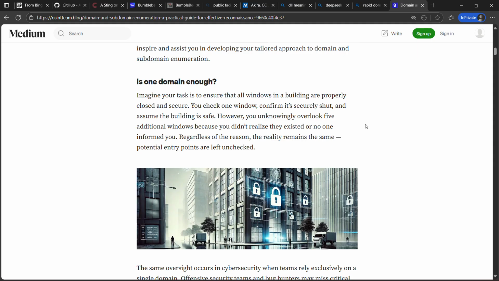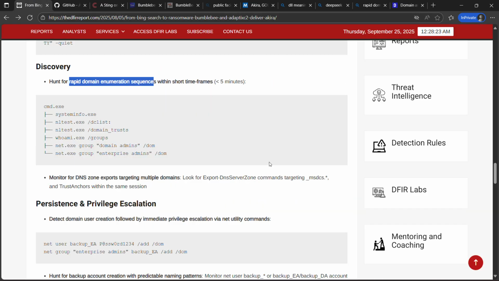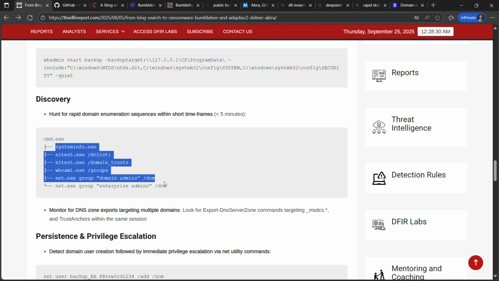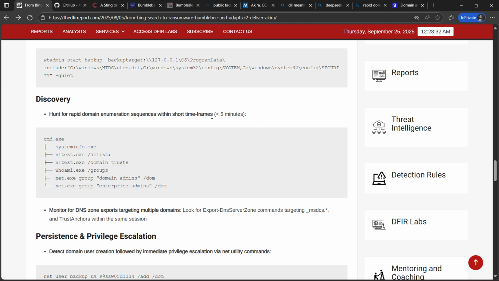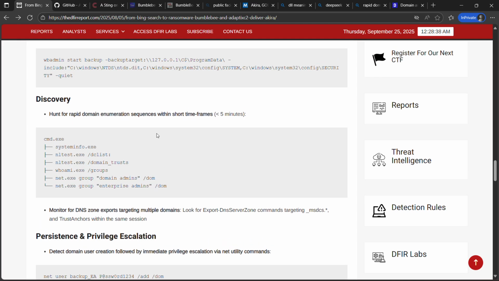Okay, so it basically looks for a lot of different domains within short time frames. Well, if that's the case, yeah, that actually makes sense, because they're looking for an entry point.